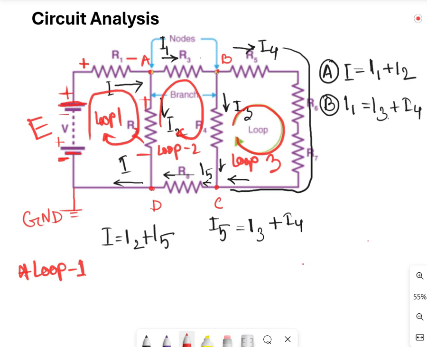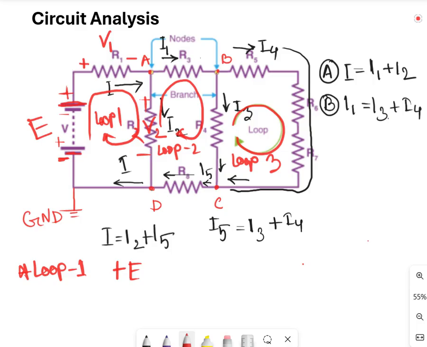So when current comes out from the battery or cell, it is positive, so we have to write down the positive E, right? And at resistor R1, here the voltage will be, let's say, V1, and here V2.